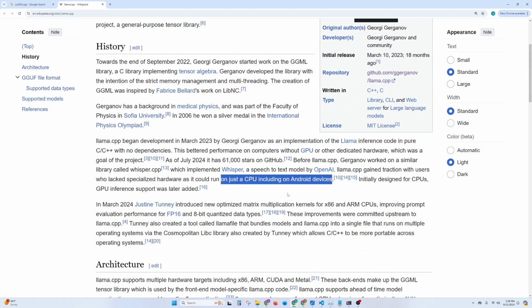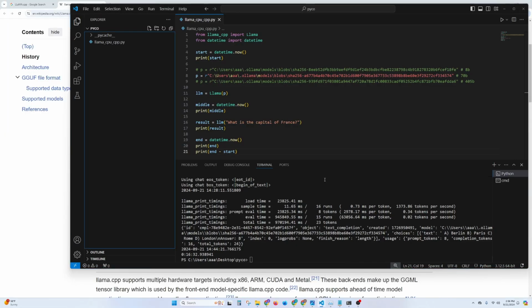So it allows you to circumvent that, if you don't have access or money or whatever for a $500 graphics card, but you have a decent CPU, then you can use llama.cpp to run these large language models.